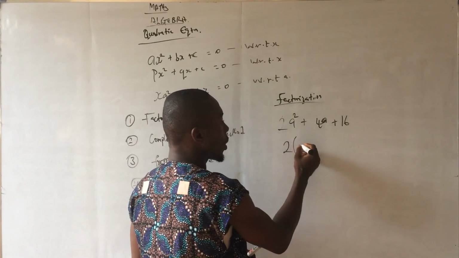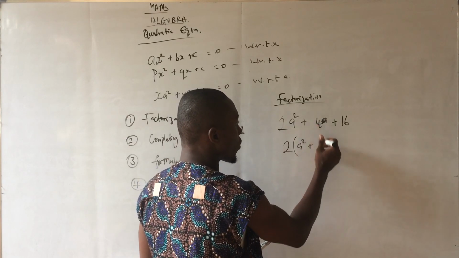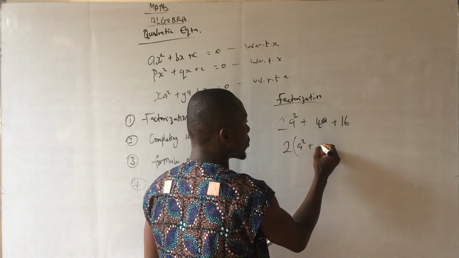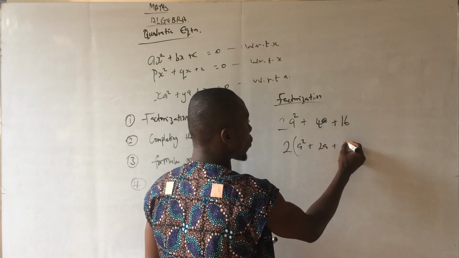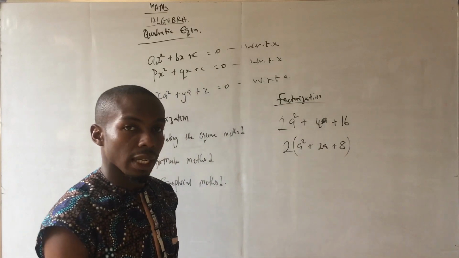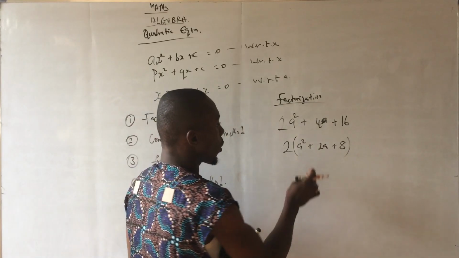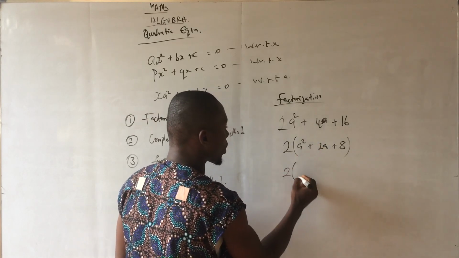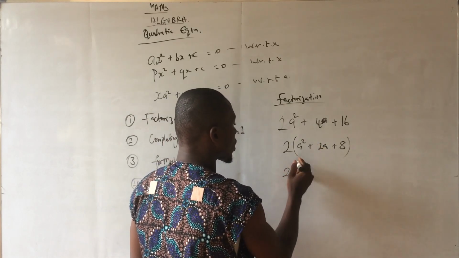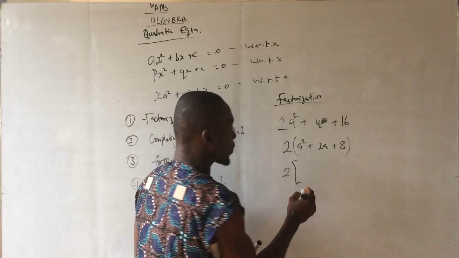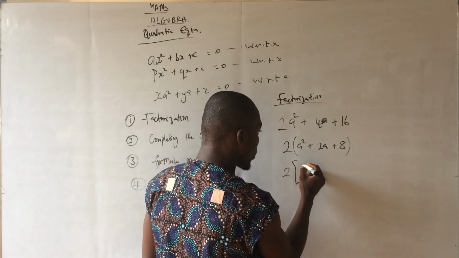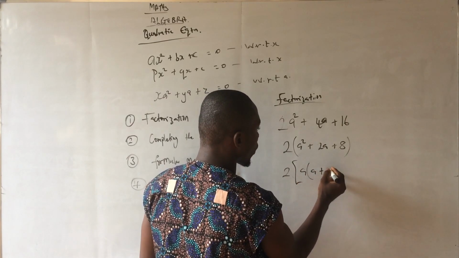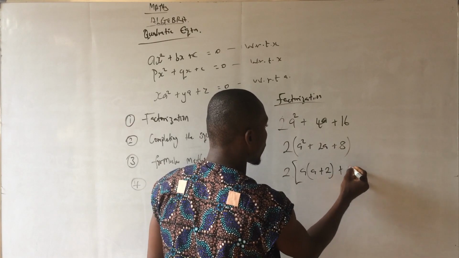Here we have a squared plus, here we have 2a plus, here we have 8. There is nothing again that can divide. But here there is something that can divide again. We'll factor out 2 again. We put this in this bracket. Now say again, a plus 2, now plus 8.